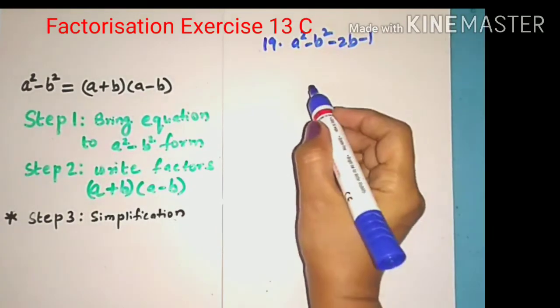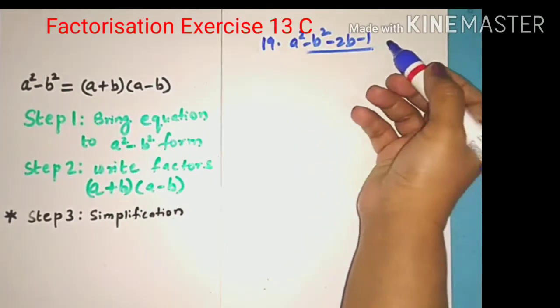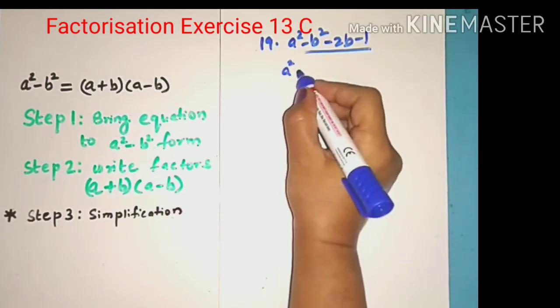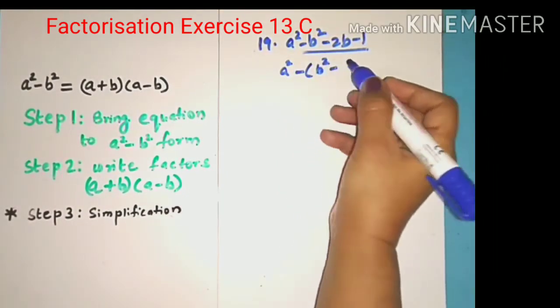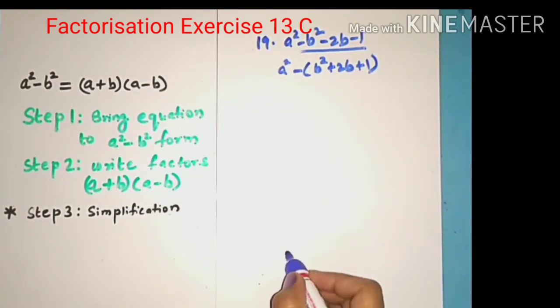19th sum is also similar to 18th. Now here these three terms we will change to a perfect square. We'll write this as a square minus, we are taking out common, in bracket we have b square plus 2b plus 1. I'll show you.